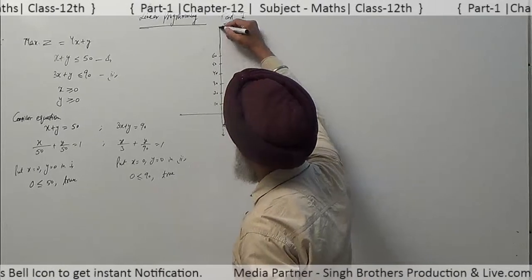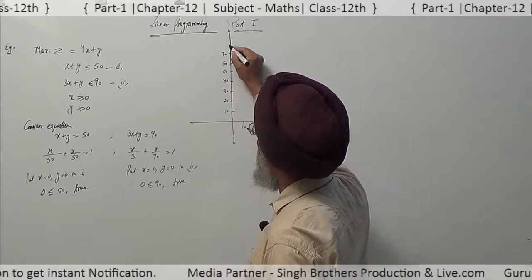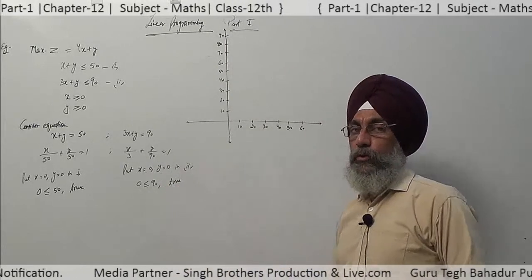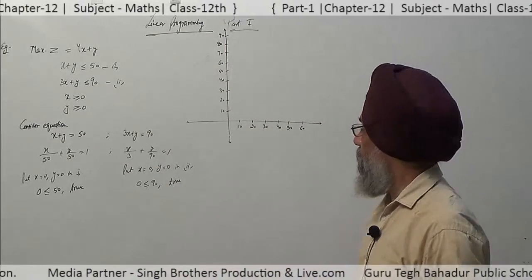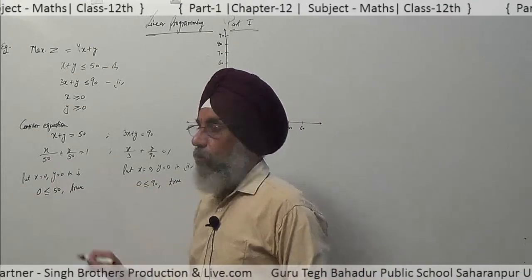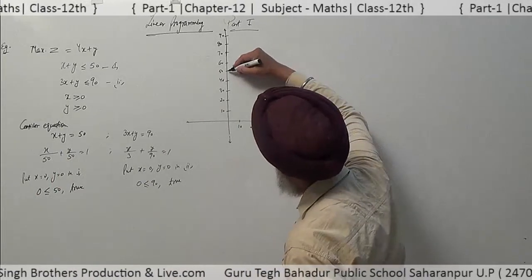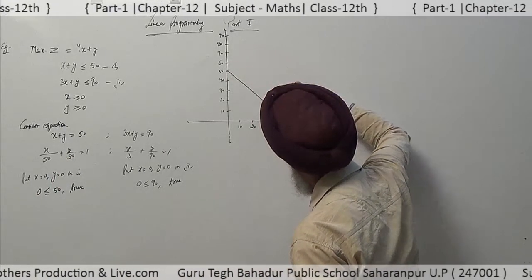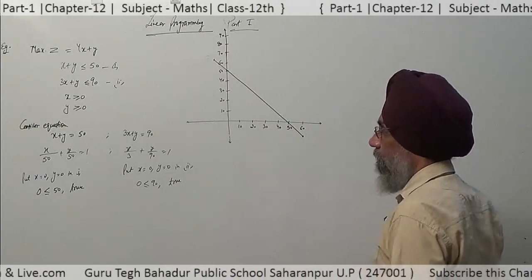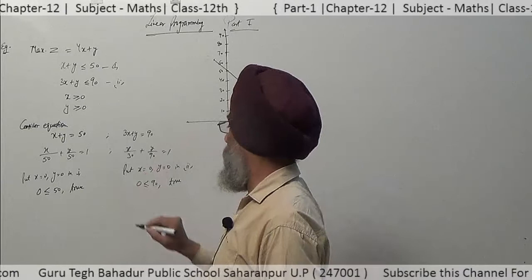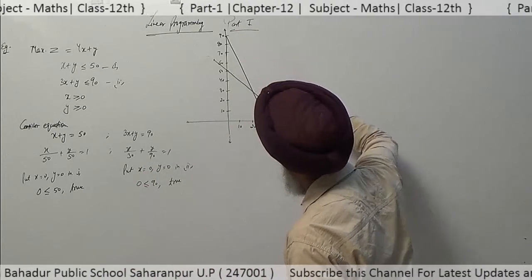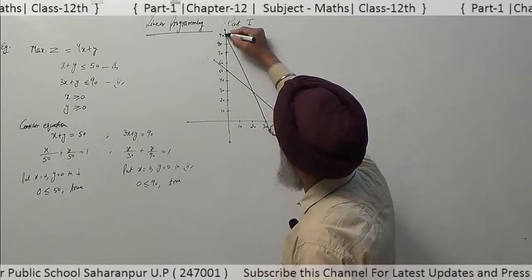I have to extend this line, 70, 80, 90, because the y intercept is 90, so we require a maximum value of 90 on the y axis. First, the x intercept is 50, the y intercept is 50, draw it here. Another is x intercept 30 and y intercept 90, draw this line on the x and y intercepts.